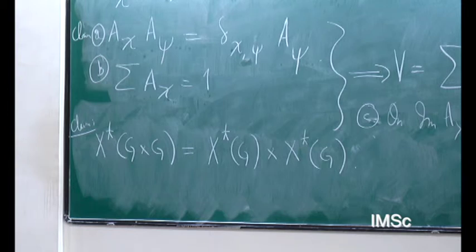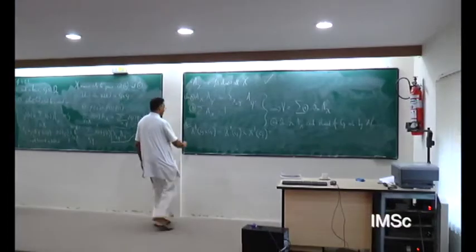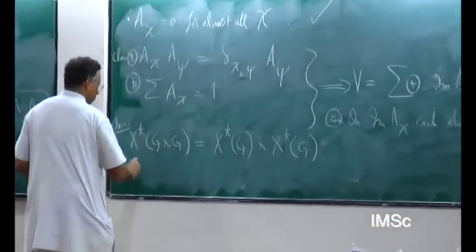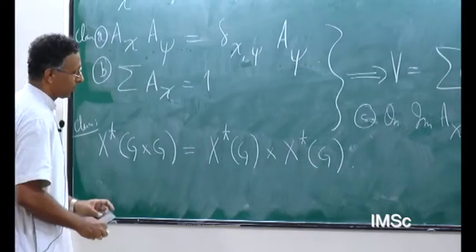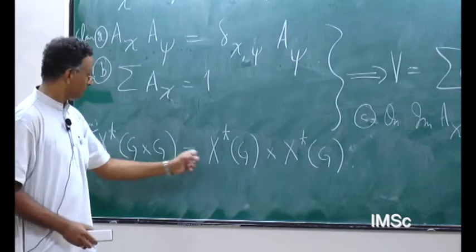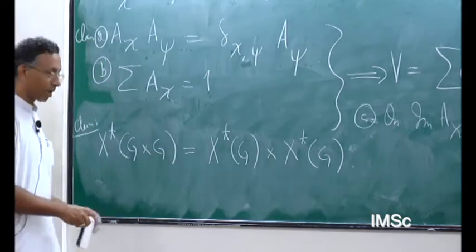Let's think about the proof of that. What are we saying? Is there a map this way, that way? Yes, indeed, there are maps.